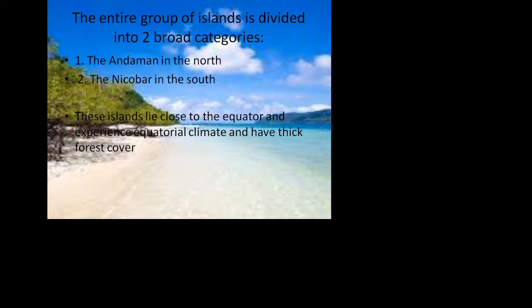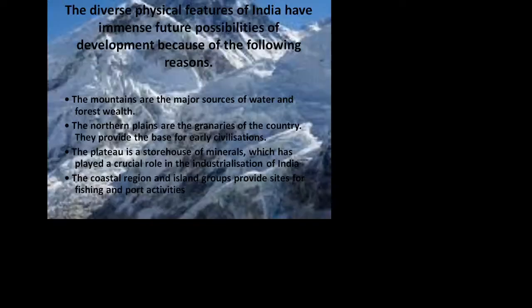Now let's talk a bit. If I talk about the diverse physical features of India, which have immense future possibilities of development, it can be the cause of the following reasons. First, the mountains are the major source of water and forest wealth. The next point is the northern plains are the granaries of the country.